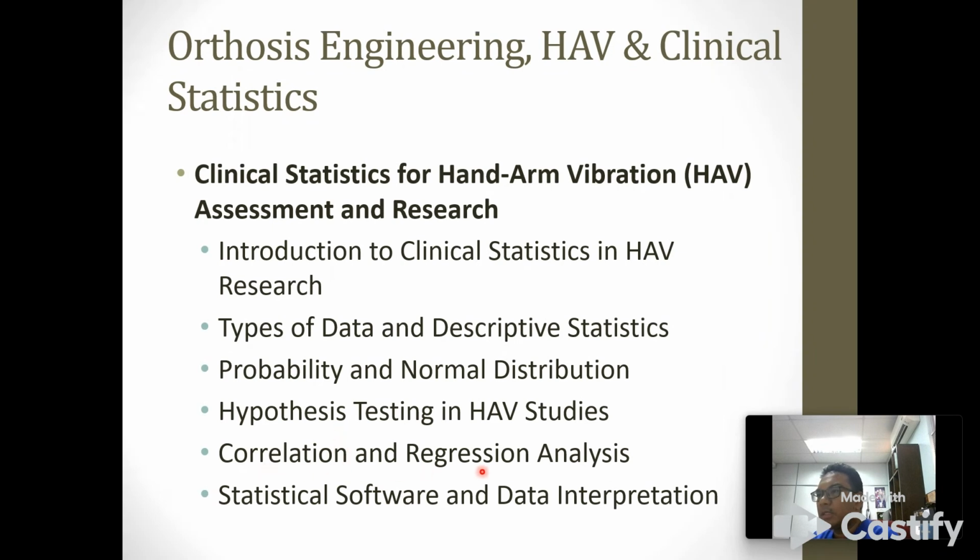Correlation and regression analysis is more towards prediction. If you use a device that produces high vibration, you can project the results, how significant it will be over a certain time. And finally, statistical software and data interpretation that you can use in conducting this study.